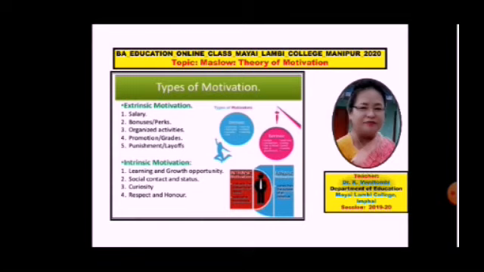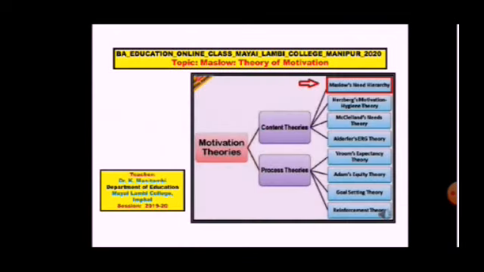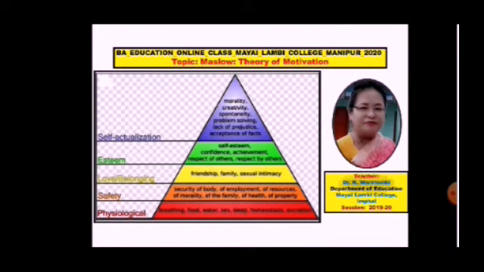So these are the important types of motivation. We can see the types of motivation in the picture here. Now Maslow's theory of motivation: according to Abraham Maslow, 1908 to 1970, let's see the steps of Maslow's hierarchy of needs. I can see the diagram.